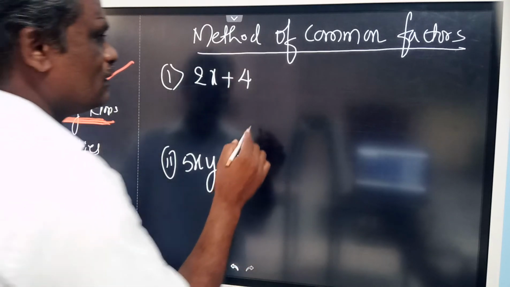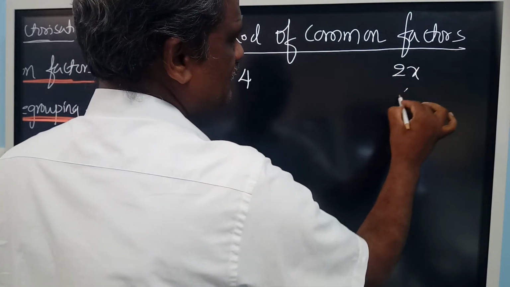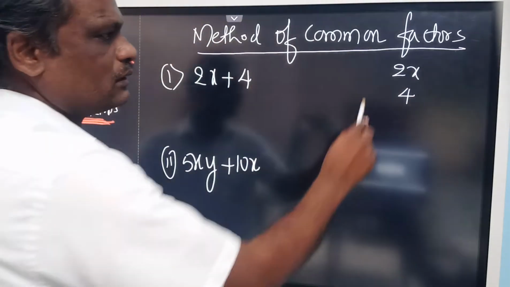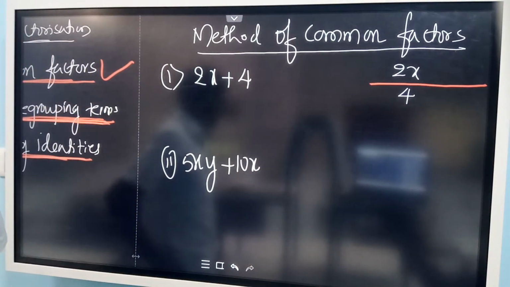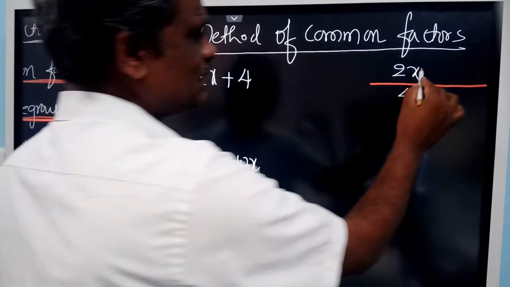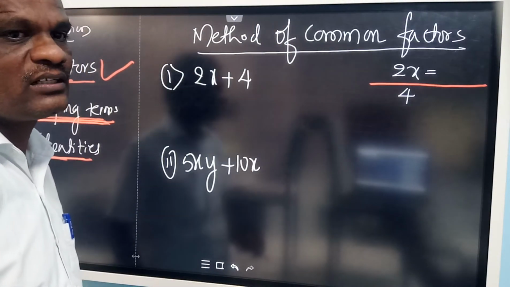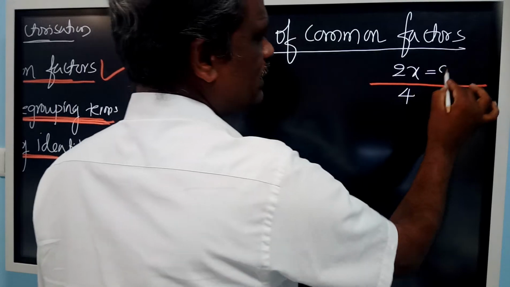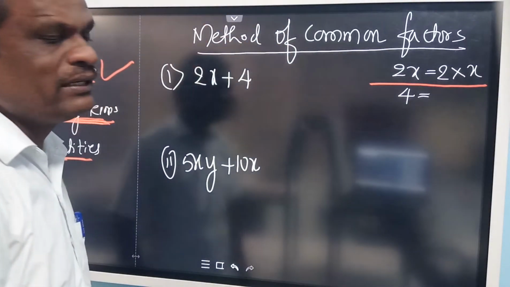Remember this, it contains two terms: 2x, and another one is 4. Now factorize 2x by prime factorization. Write this in irreducible form: 2 into x. And this one, 4.